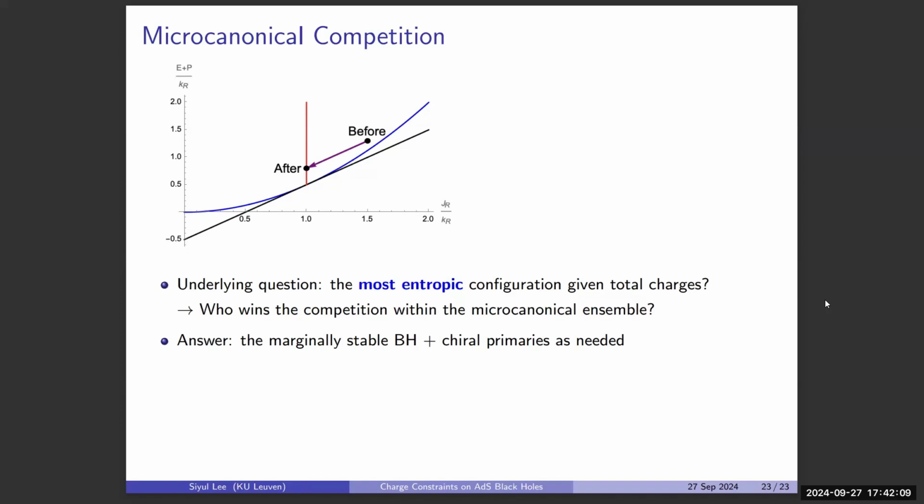And the answer is that this black hole before decays into this after state, a marginally stable black hole surrounded by the chiral primary particles that it has emitted, which makes up this purple arrow, which has larger entropy than this before state where there was only a black hole without any chiral primary particles.